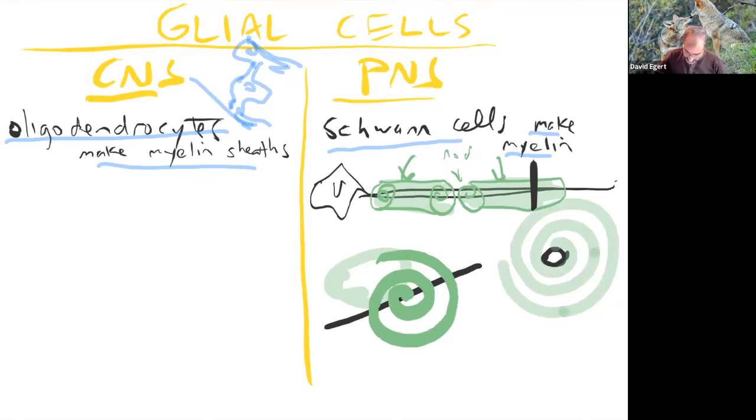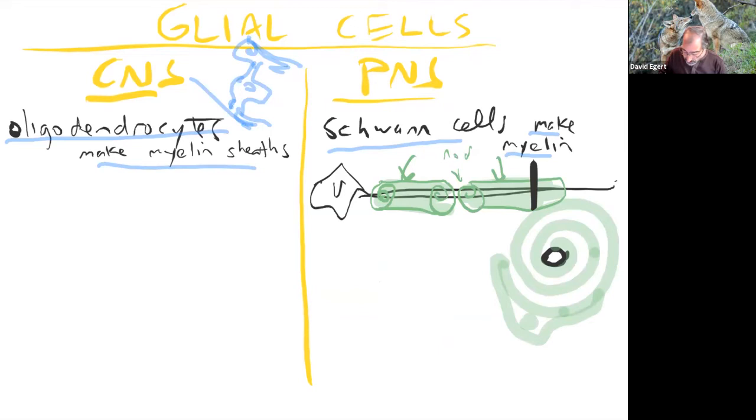And ultimately there's a nucleus, because the Schwann cell actually has a nucleus. So this is the way you make myelin sheaths. Something important to remember here is that this also plays another role.